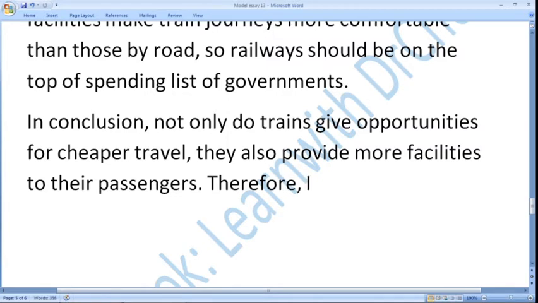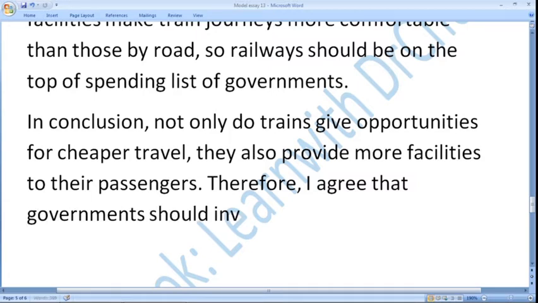Therefore, I agree that governments should invest in railways rather than roads.